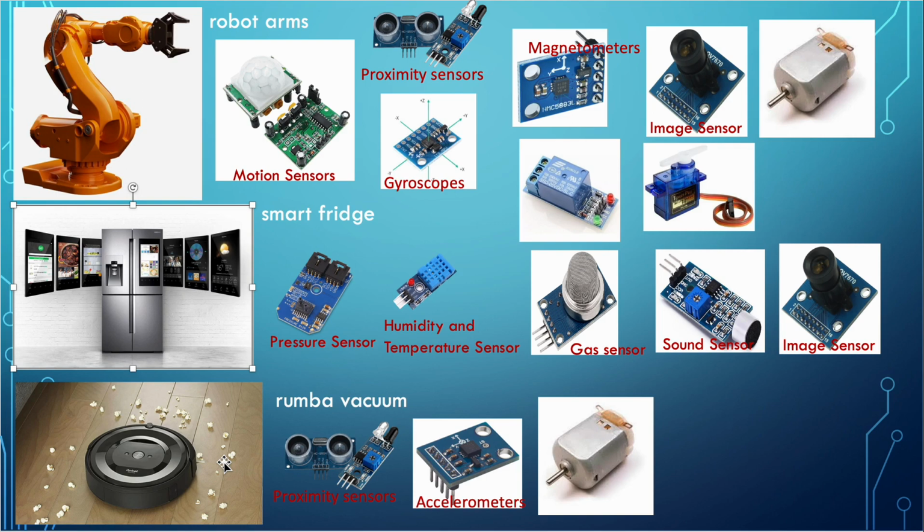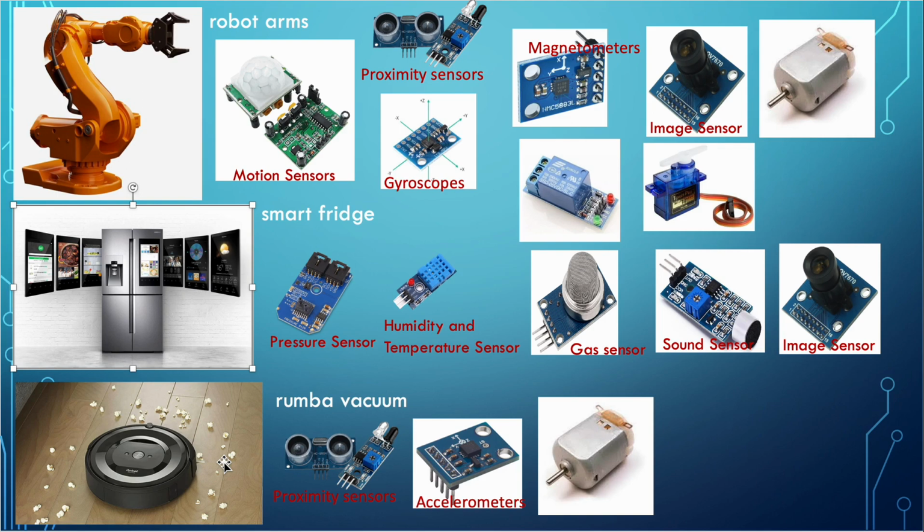Where there is space, it will move around. So that means one of the main sensors it would have would be proximity sensors. It would be checking for barriers in front of it and how close they are, and it would be turning around to avoid them.